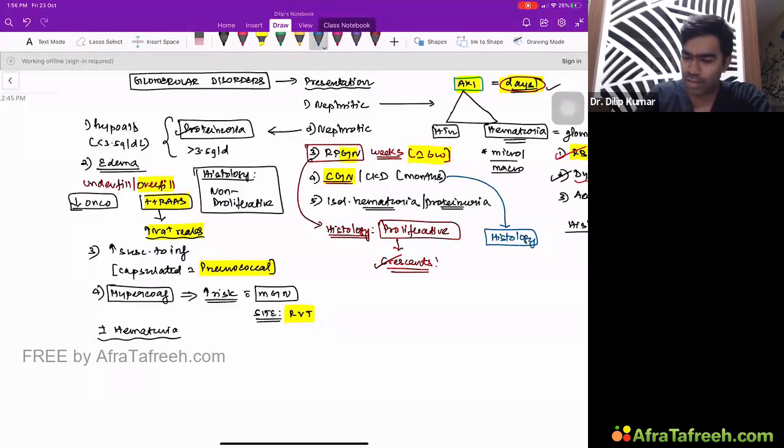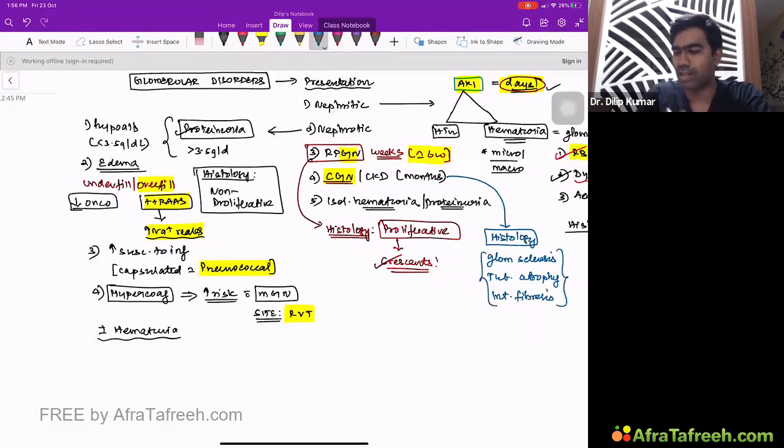At the same time, they will show some kind of tubular atrophy and interstitial fibrosis. Trust me, in any CKD patient, these are going to be the classic hallmarks: glomerular sclerosis, tubular atrophy, interstitial fibrosis, or tubulointerstitial fibrosis. So this is going to be the characteristic histology in any chronic glomerulonephritis.